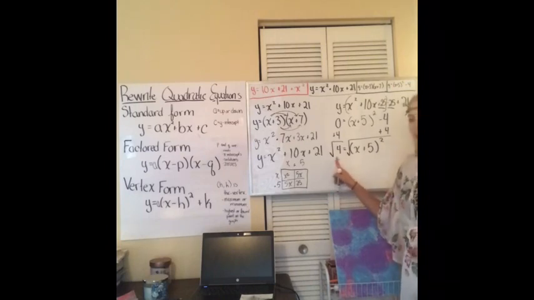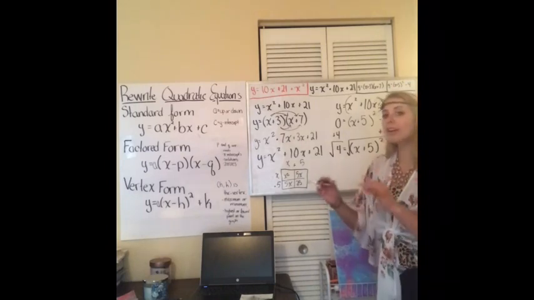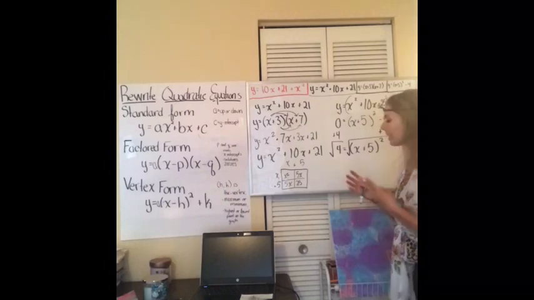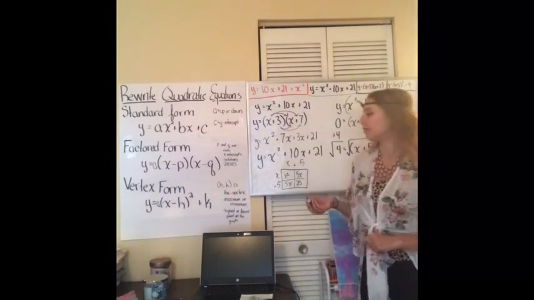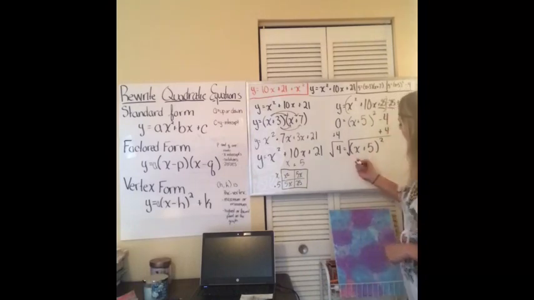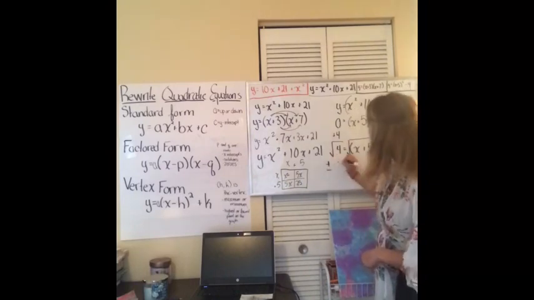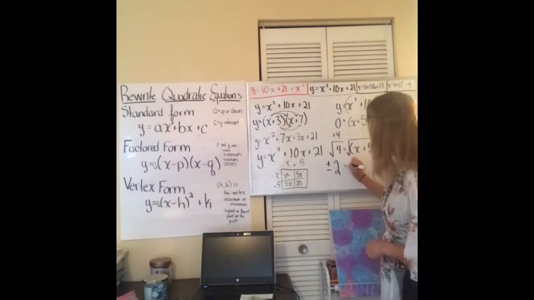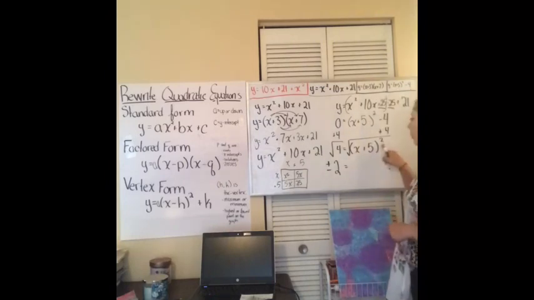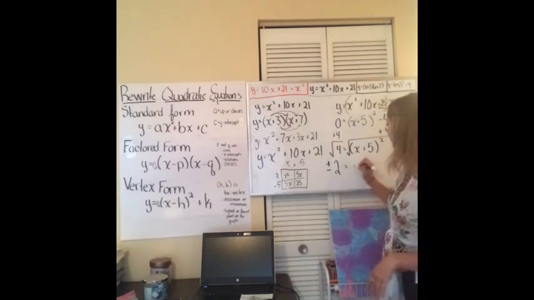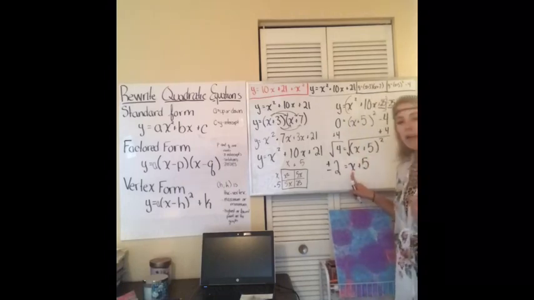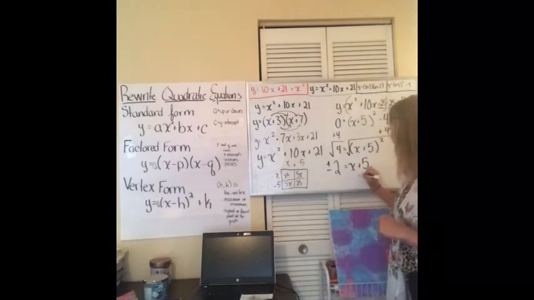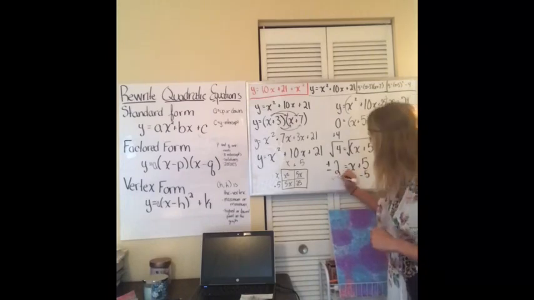The square root of 4 is positive or negative 2 because negative 2 times negative 2 will still give you a positive 4. So in this case, I have positive or negative 2 equals, and the square root of x plus 5 squared is just x plus 5. Now if I want this x by itself, I'm going to subtract 5 from both sides.